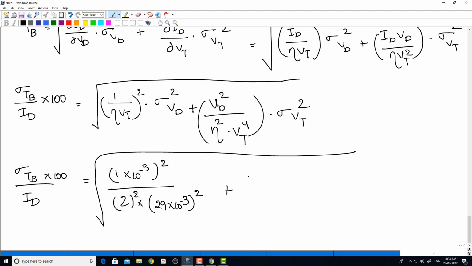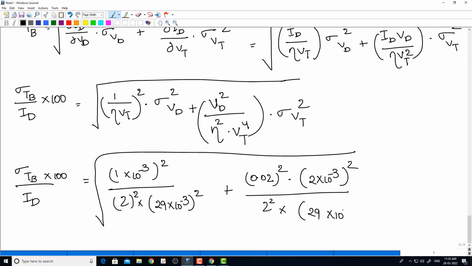Bias voltage is 0.02, whole square, into sigma Vt, which is 2 into 10 to the power of minus 3, whole square, divided by eta square, which is 2 square, into Vt to the power of 4, 29 into 10 to the power of minus 3 to the power of 4.